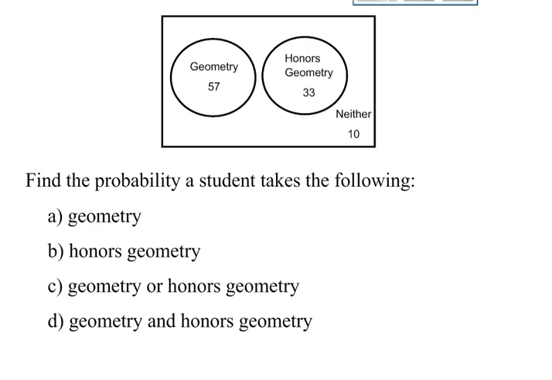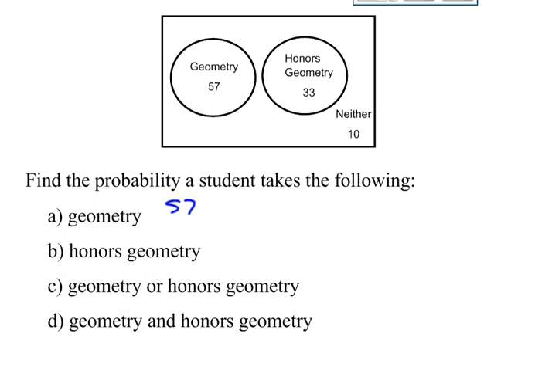Now on this slide, we have our Venn diagram that we created on the previous page, and we're being asked to find some specific probabilities. So this is going to show us how you can take the information from a Venn diagram and find the probability from it. It says, find the probability a student takes the following. In part A, geometry.